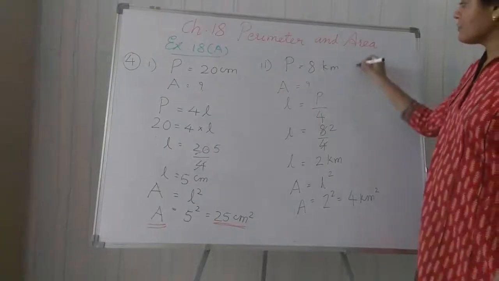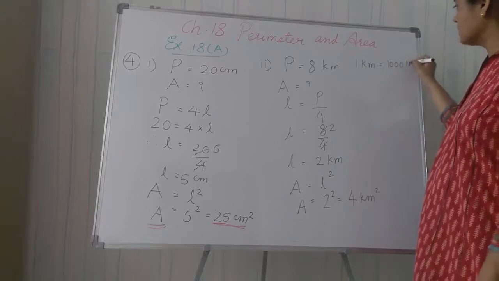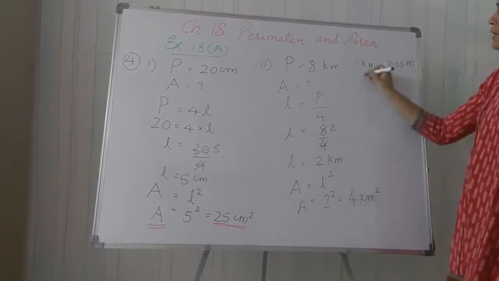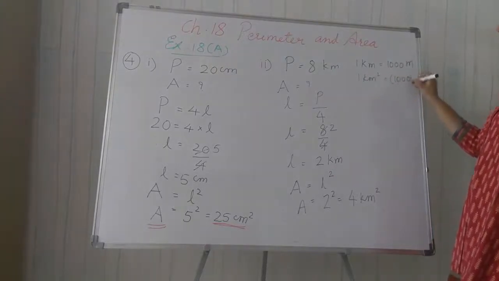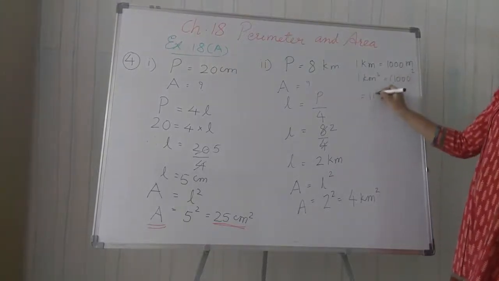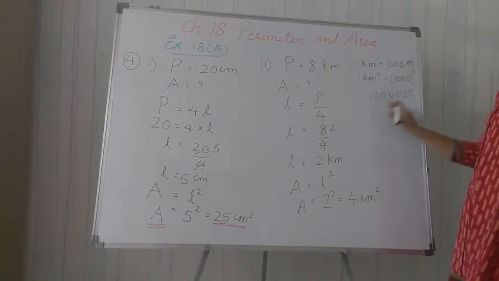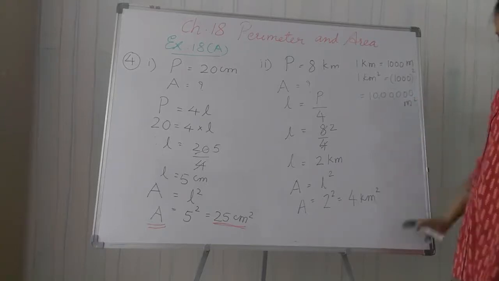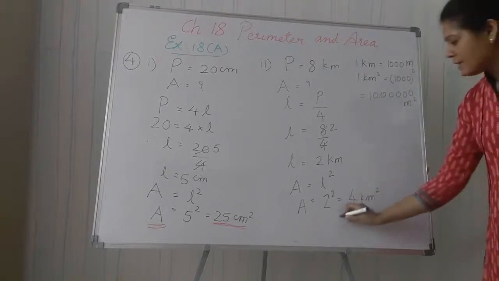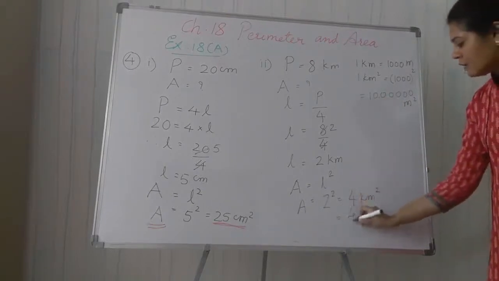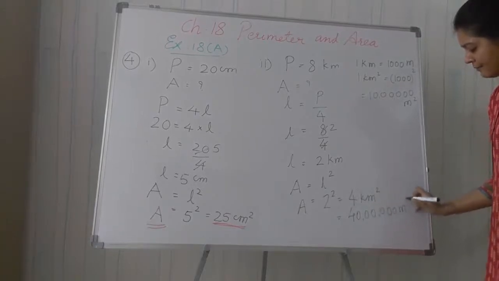So students, as we know, 1 kilometer is equal to 1,000 meters, right? So for 1 kilometer square, we have to make the square of this 1000, so that I get 3 and 3 more zeros. It means 10 lakh meters square. So first of all, we convert this 4 kilometer square to meter square, as this 4 kilometer square will convert to 40 lakh meter square, right?